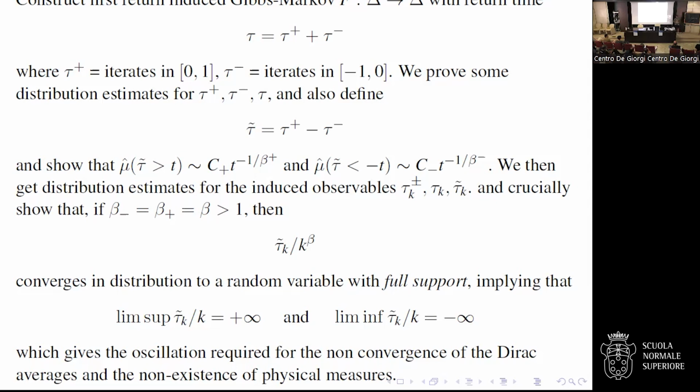Okay, so I know this is very sketchy, but you have this interesting double inducing, and this interesting structure where you now have a first return map from delta minus to itself. The structure of the partition is that you have one partition, and then a refinement, and depending on where you are in the higher level partition, you know that that's tau plus, and then for each tau plus, you have a distribution of tau minus inside that, right?